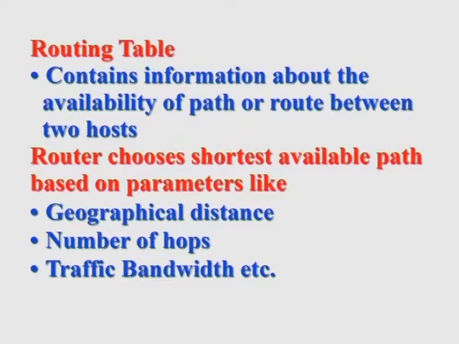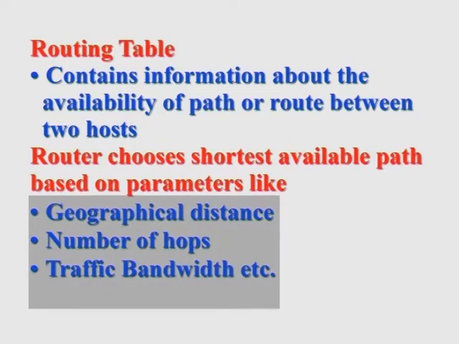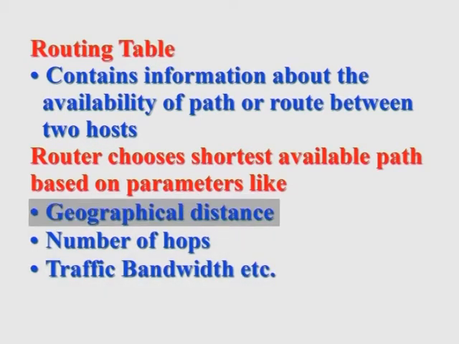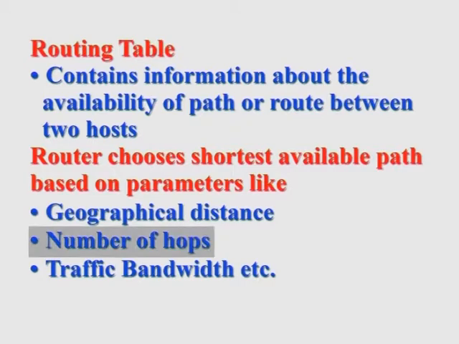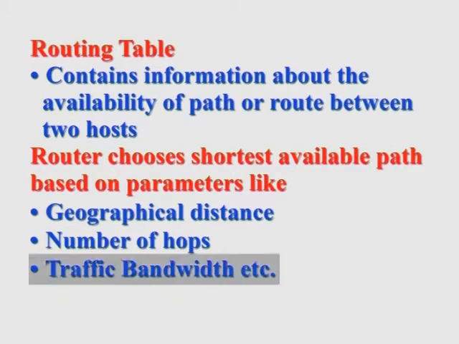These protocols are based on a data structure algorithm called a routing algorithm. Different routing algorithms decide the outgoing route for an incoming packet based on various parameters like geographical distance, number of hops, traffic, bandwidth, etc.